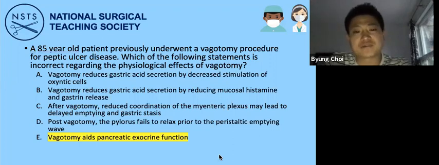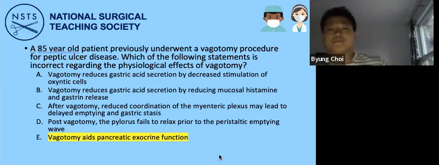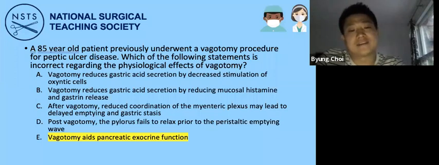And then again, going through D, post vagotomy, the pylorus fails to relax prior to the peristaltic emptying wave. It's true because you wouldn't get that coordination, like the justification for C, when the vagus is cut.